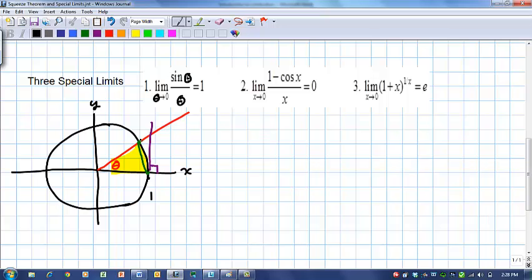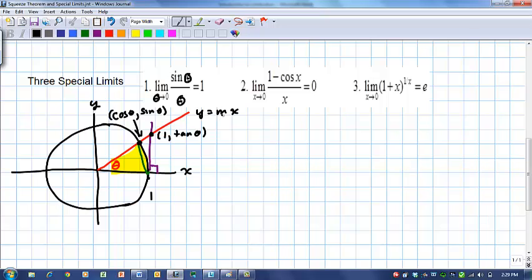Okay, so first of all, I need the coordinates of these points. Since this point is on the unit circle, and this is the value theta, from trigonometry, we know that the x-coordinate is the cosine of theta, and the y-coordinate is the sine of theta. Okay, so that's the coordinates of this point. This point is actually 1, tangent of theta. The reason for that is this line goes through the origin, so it has the form y equals m times x.